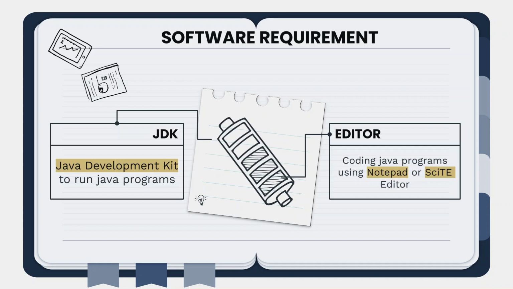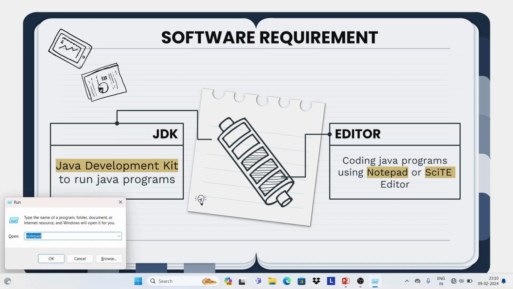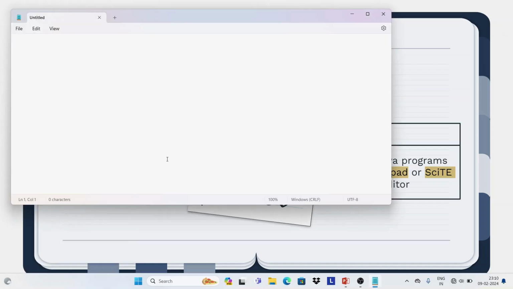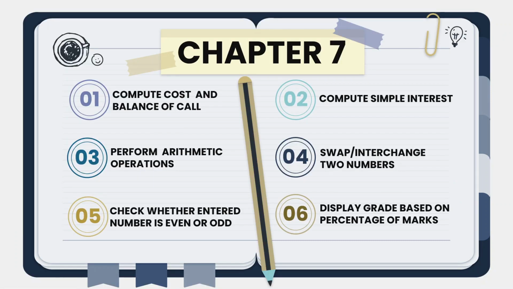Then gradually we will shift to the editor. To open Notepad using the Run dialog box, simply press the Windows key and then press R, and here you have to type Notepad and then hit enter, or an alternate way is to search Notepad here in the search box. Great, let's start coding our very first simple Java program in Notepad.